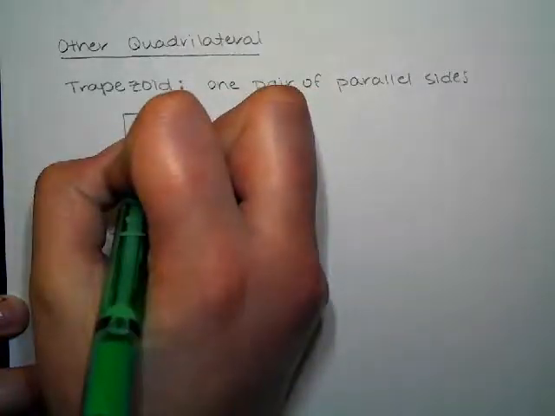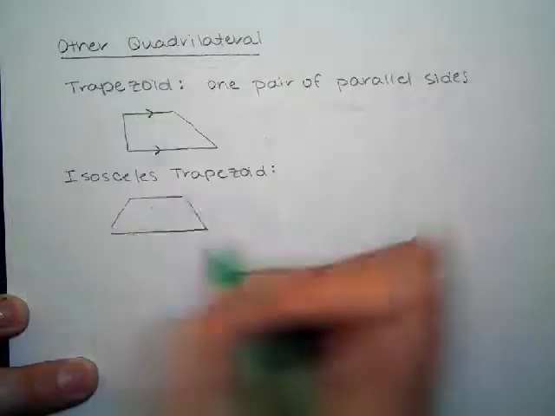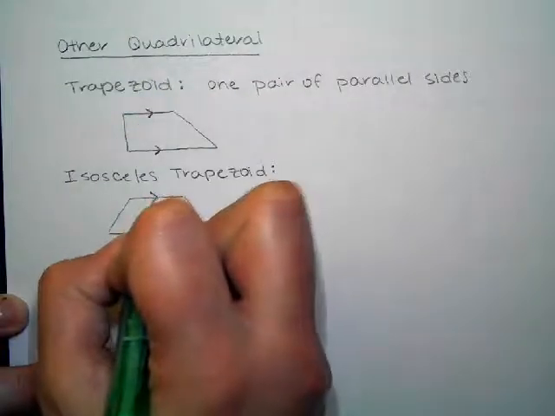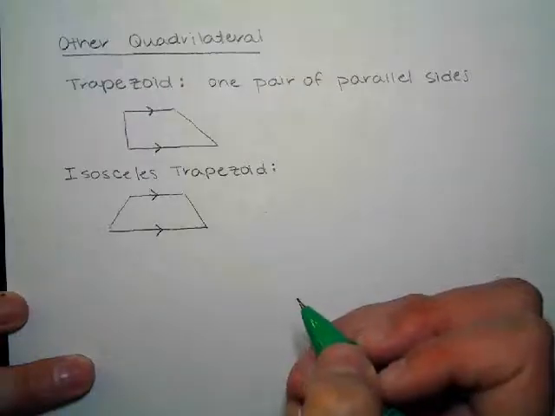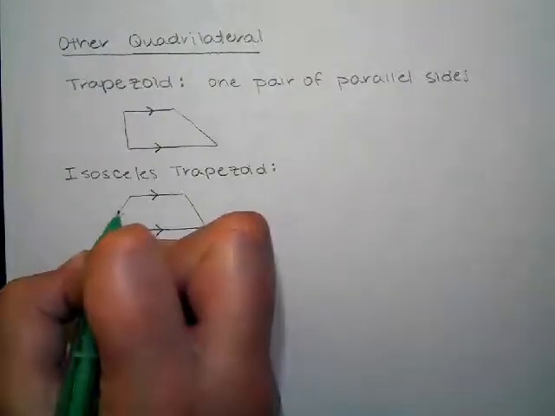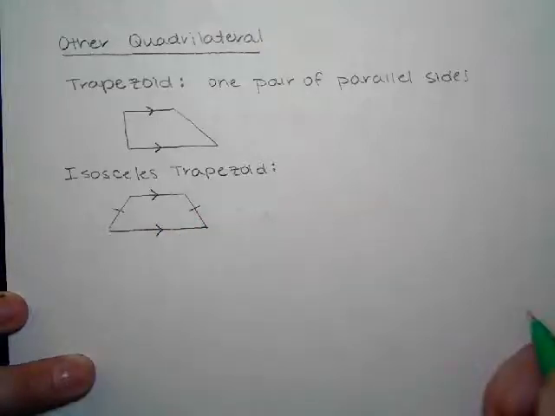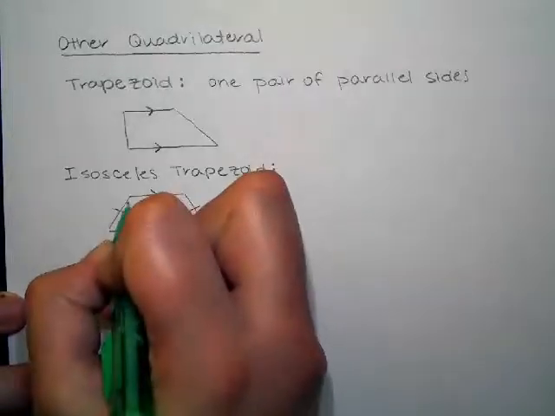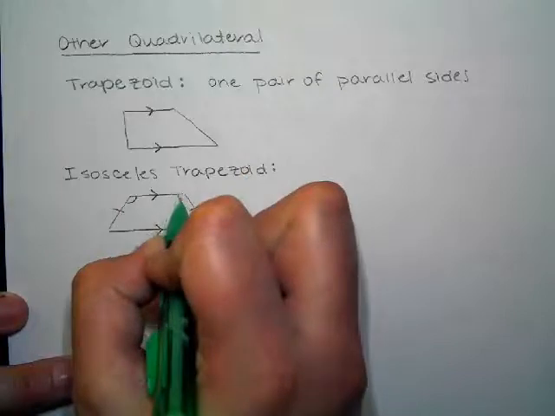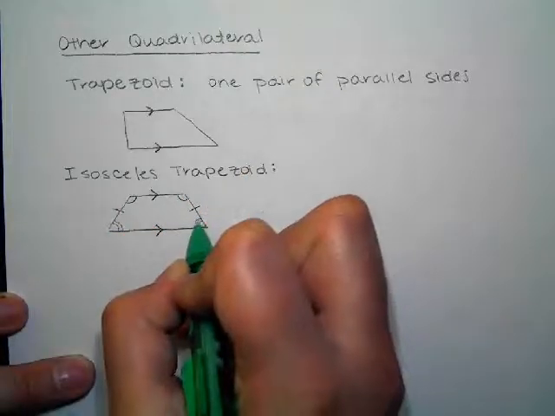So these sides are parallel. That's what the markings mean. So in an isosceles trapezoid, these sides are parallel. But just like an isosceles triangle, these sides are congruent. And then because those sides are congruent, these angles are congruent, and these angles are congruent.